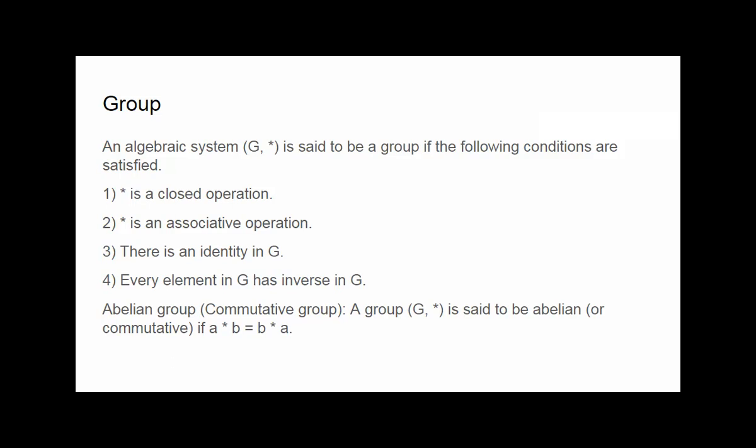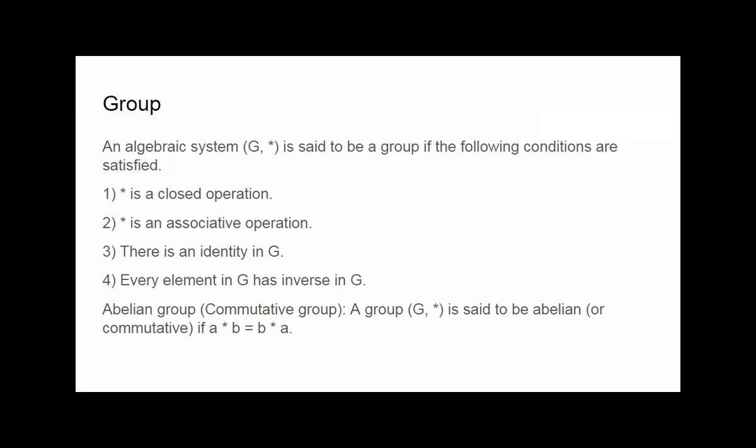If we take any two elements from that set and perform that particular binary operation on those two elements, the answer of that operation will also be in the same set only. That is the algebraic system, and that is called a closed operation.